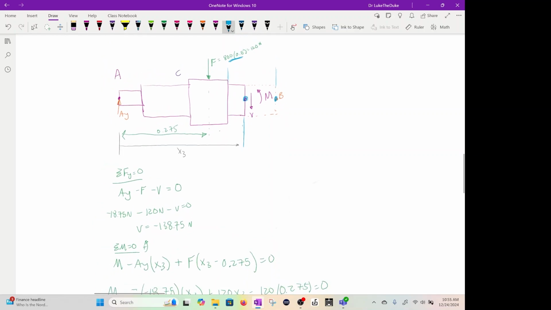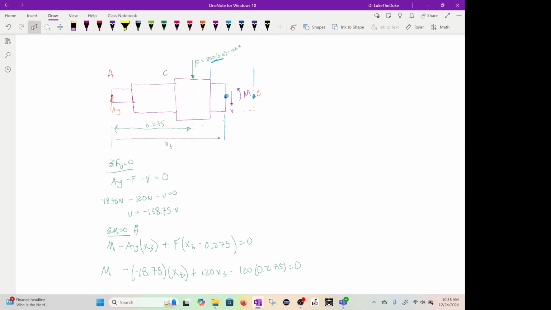Then we sum the moments. Zoom out a little. Moment minus AY times X3 plus F times X3 minus 0.275, because, I'll do it here, this distance is what we're looking for. Okay, how far, what's the perpendicular distance away from where we're calculating the moment.